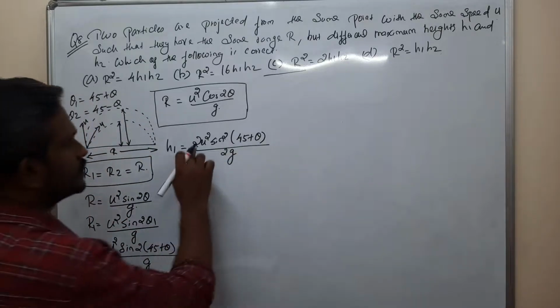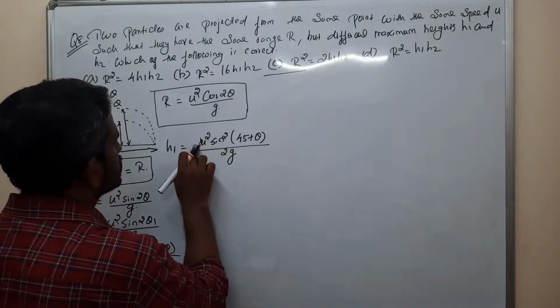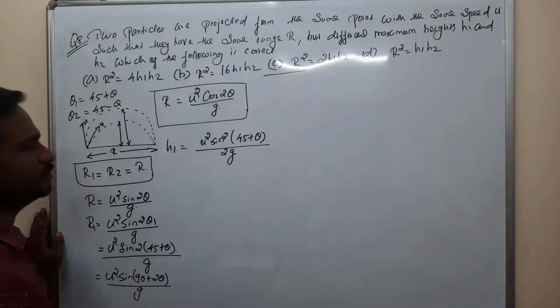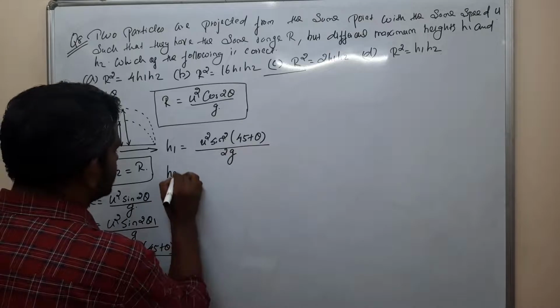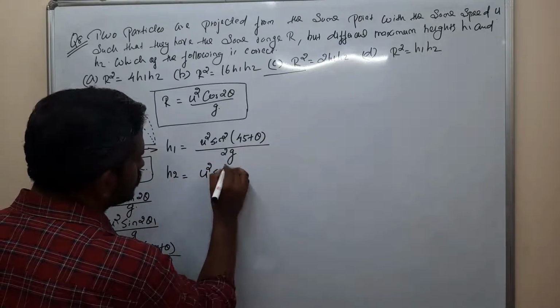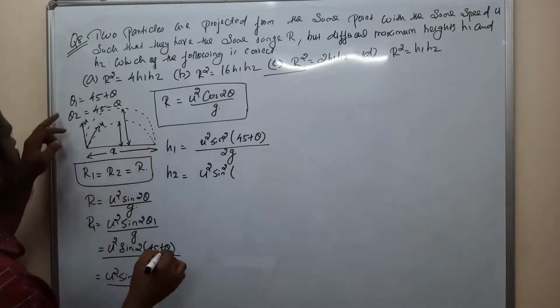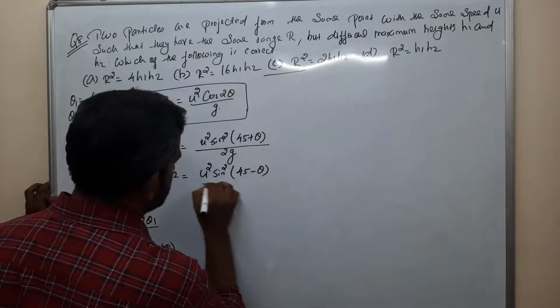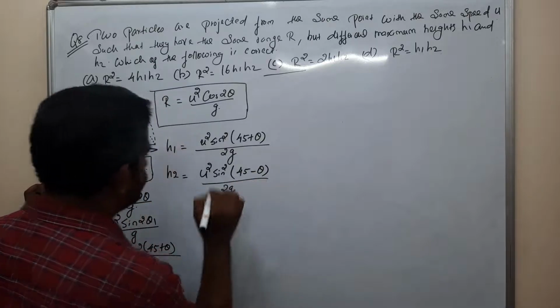So h1 is equal to u square sin square (45 plus theta) divided by 2g. So h2, what is h2? h2 is equal to u square sin square theta 2, what is theta 2? 45 minus theta, divided by 2g.